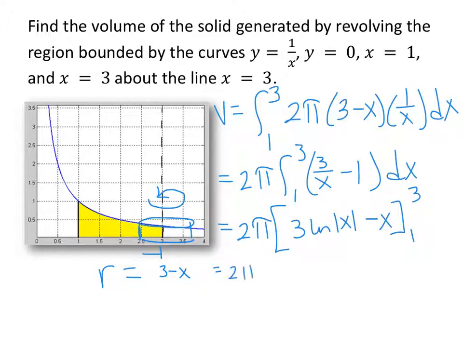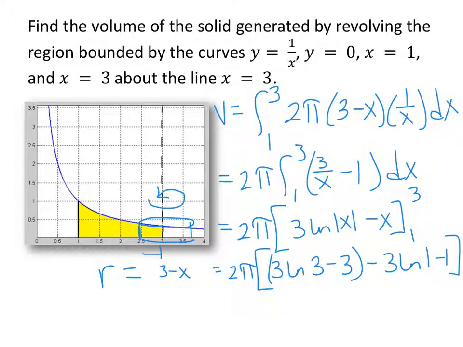So I have 2 pi times 3 the natural log of 3 minus 3, minus 3 times the natural log of 1 minus 1. And cleaning up a little bit, I now have 2 pi, 3 natural log of 3, minus 3 natural log of 1.